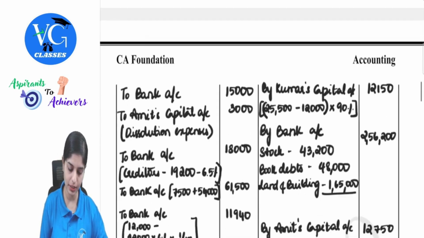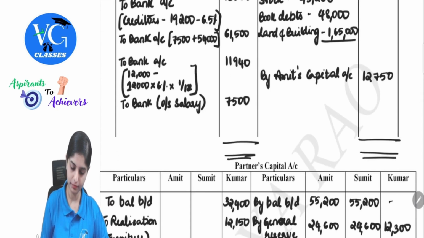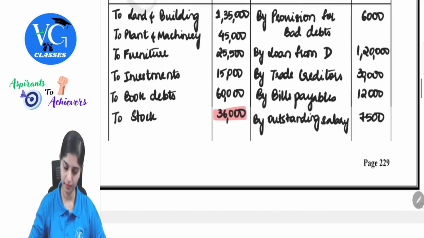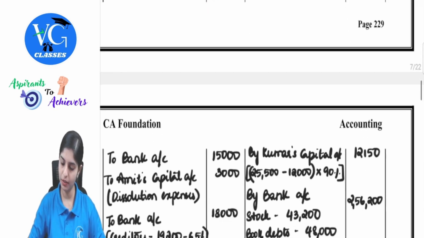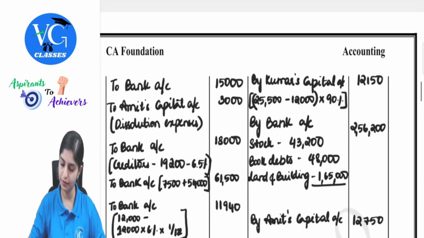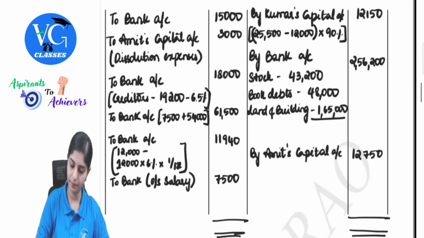Let's close the realization account. 6,000, 1,20,000, 30,000, 12,000, 7,500, 12,150 plus 2,56,200 plus 12,750.